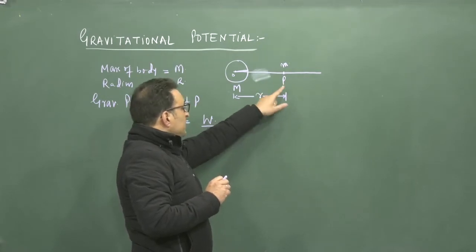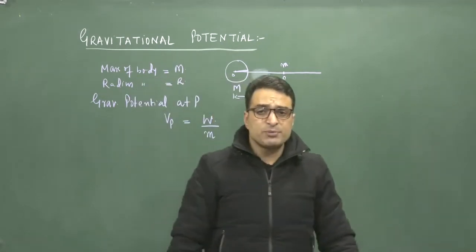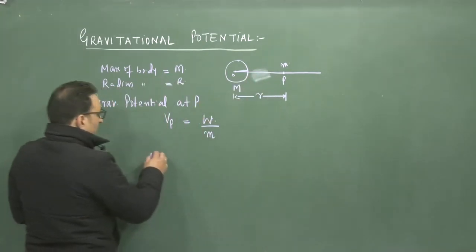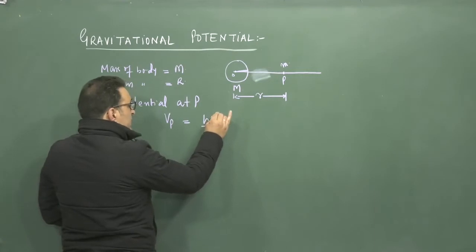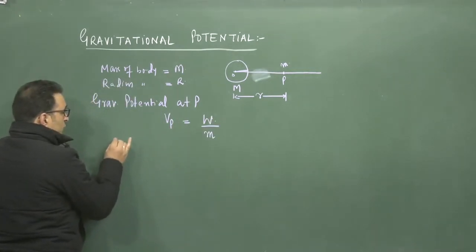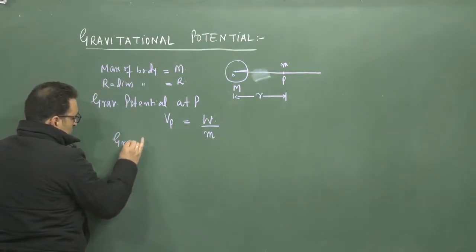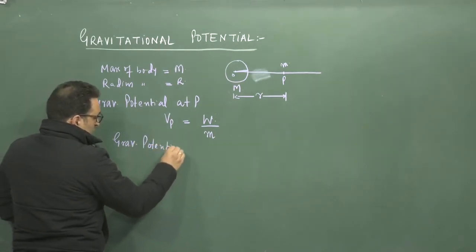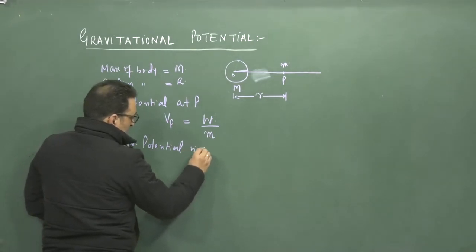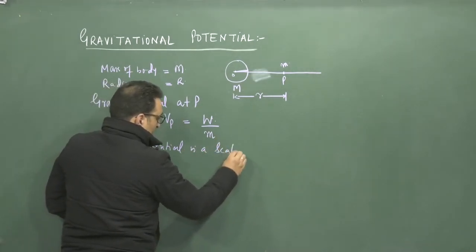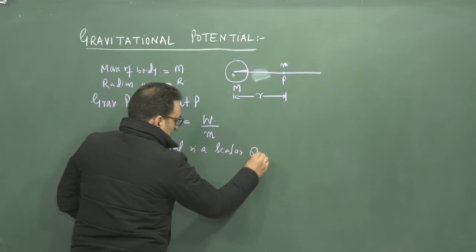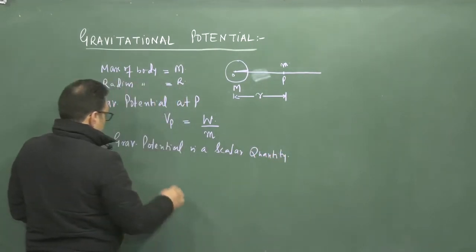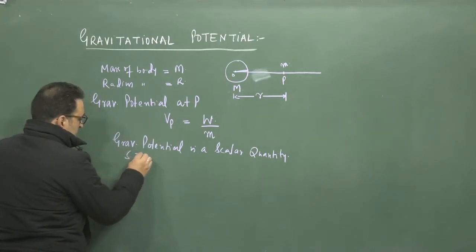Since this point is P, we call this the gravitational potential at point P. Since work is a scalar quantity, gravitational potential is a scalar quantity.